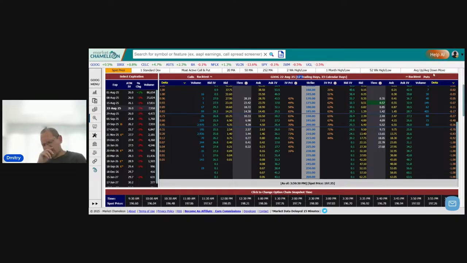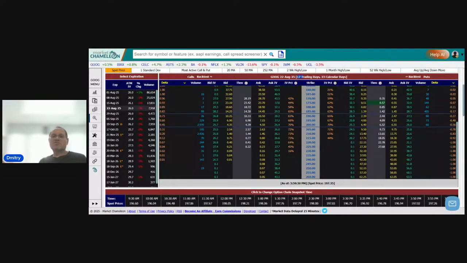So you could see here that these options have different characteristics. They're not the same. You can't say, well, what's the difference if I buy a 200 strike call versus a 220 strike call? Well, the difference is you need the stock to go up by more, right? For a 220 strike than for a 200 strike. It's a different option.